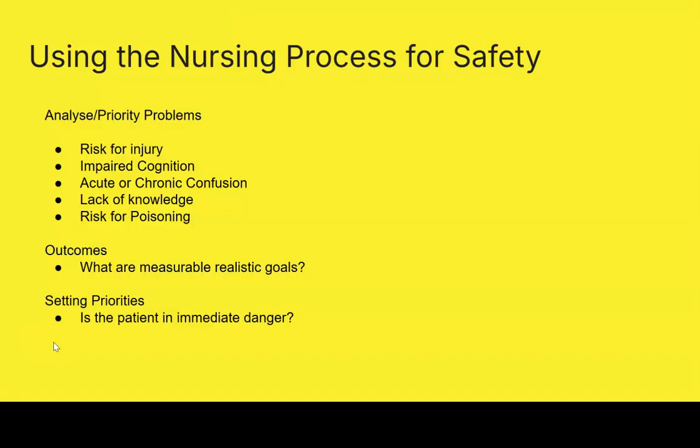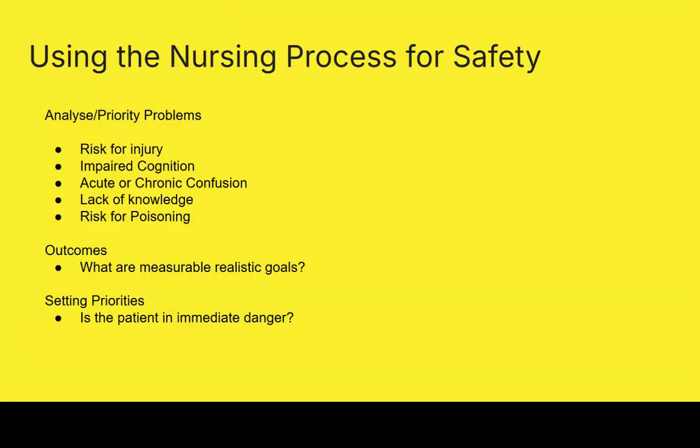Examples would be: patient remains injury-free for 1 month. Patient adopts safety precautions at work in 1 week. Patient removes environmental barriers in the home in 1 month. And then we prioritize which one we want to go through first.